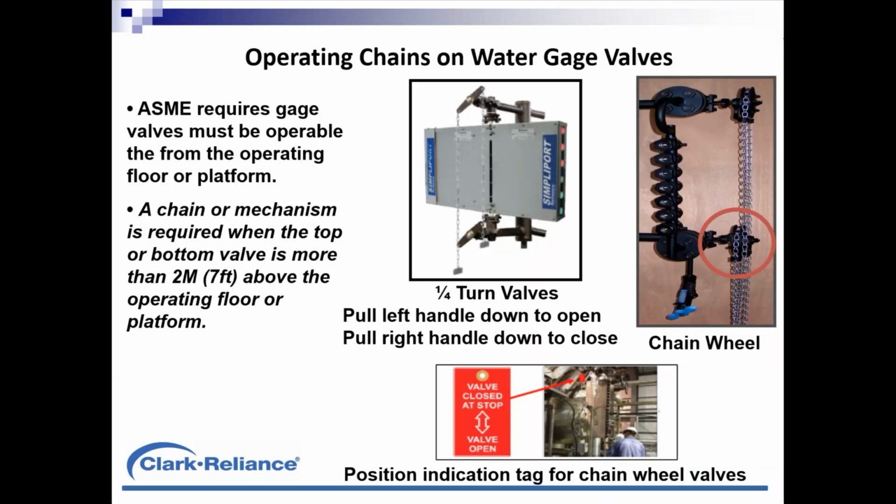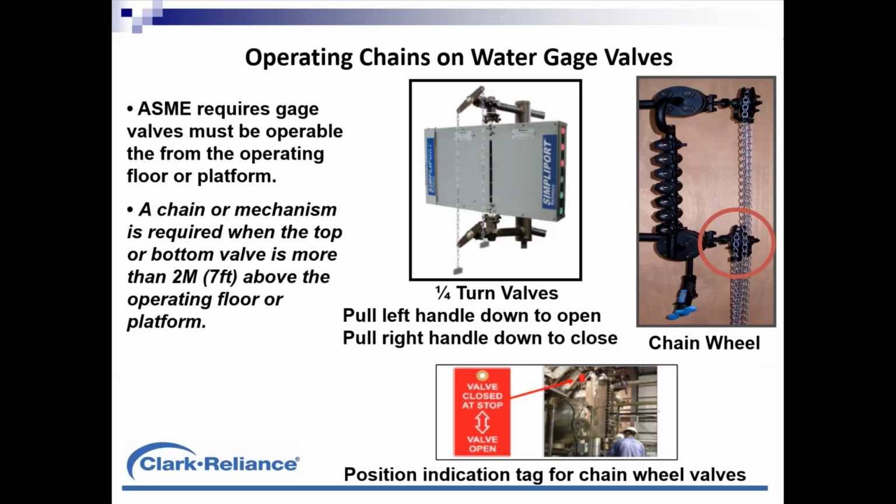When you're using chain wheel valves, you should never install a single chain between the two wheels. In other words, you don't want a bicycle chain type arrangement. All the level instrument manufacturers typically make these valves with rising stem and threaded components, and trying to manufacture two valves that are identical, with the teeth on the chain wheels in exactly the same place when the two valves are closed, is quite difficult.